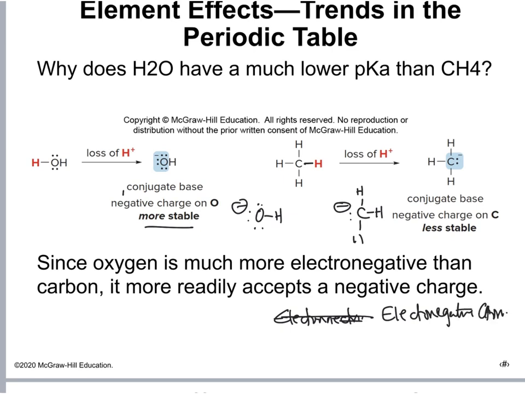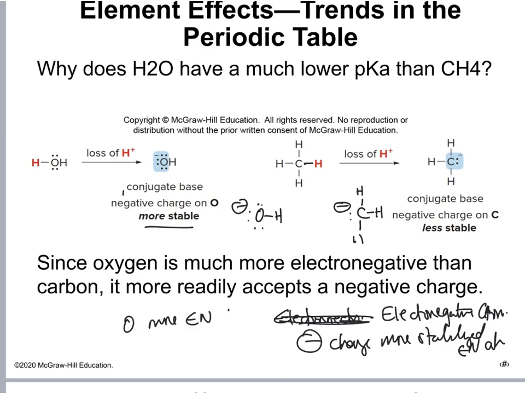So you might remember in your major resonance structures, the negative charge is more stabilized on the more electronegative atom. So oxygen is more electronegative than carbon. So this one's going to be more stable, and so then this one's going to be more acidic.